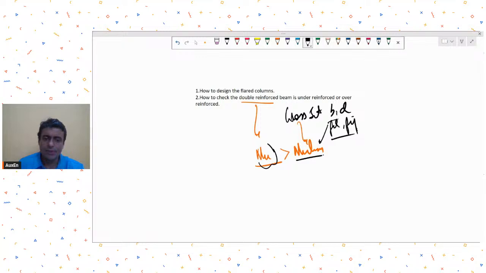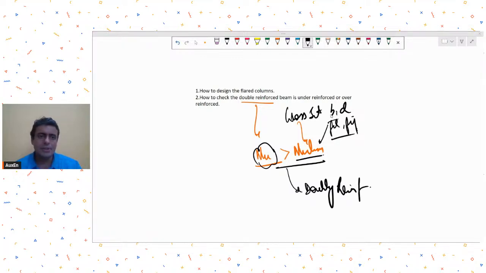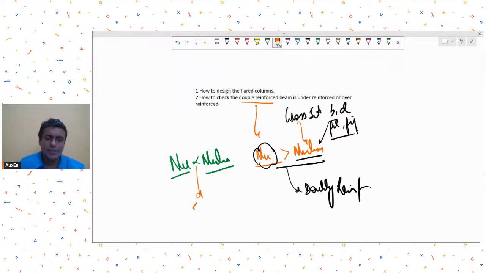Now, if your analysis moment exceeds this Mu limiting, basically you are going to be in the doubly reinforced zone. And if it's doubly reinforced, that means it is an over reinforced section that we are providing. Otherwise, if your Mu is less than Mu limiting, if the analysis moment for your beam cross section is less than the limiting Mu, then you are in the singly reinforced region. That means your beam is under reinforced.